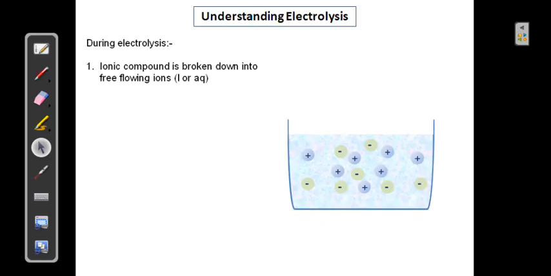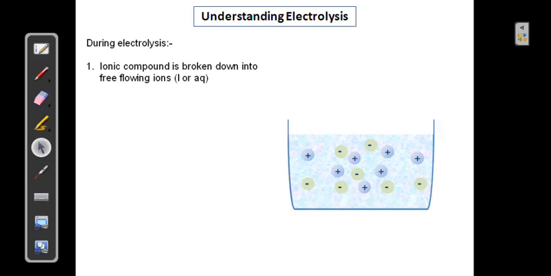Another factor we have already done last week. We are talking about electrolysis. I've shown you this and that, but just to make sure you understand what electrolysis is all about. So, number 1, an ionic compound is broken down into free flowing ions, right?